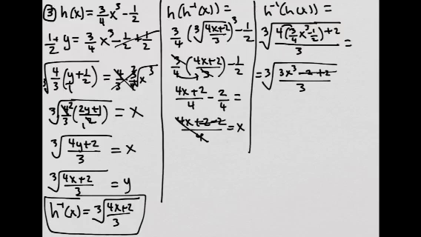So 2 minus 2 is gone, 3 over 3 is gone, so I'm left with the cube root of x cubed, so that gives me x. Since both compositions gave me x, then I know my answer is correct.